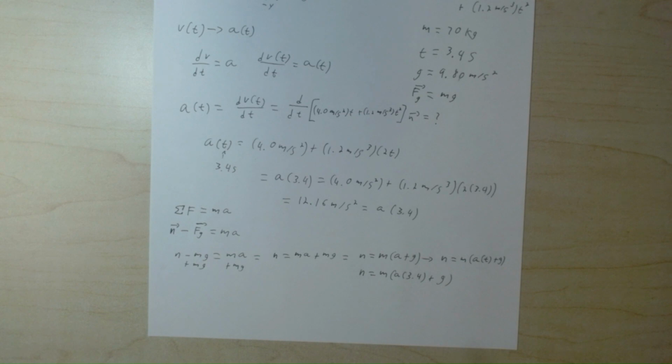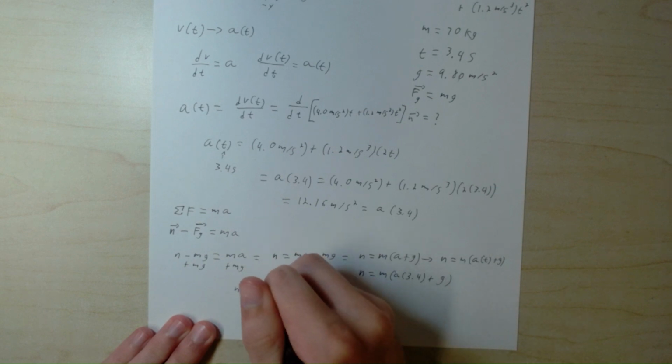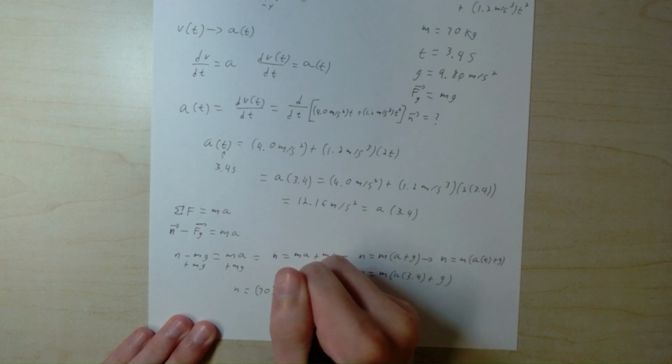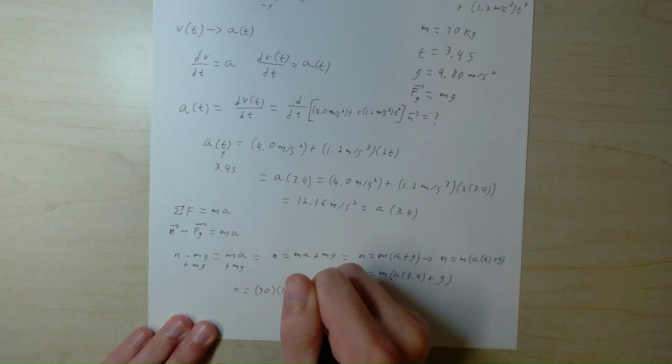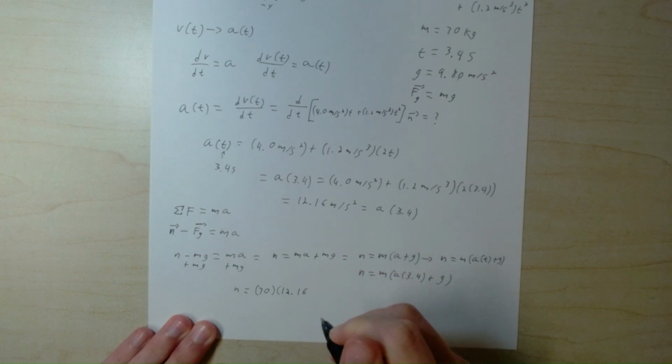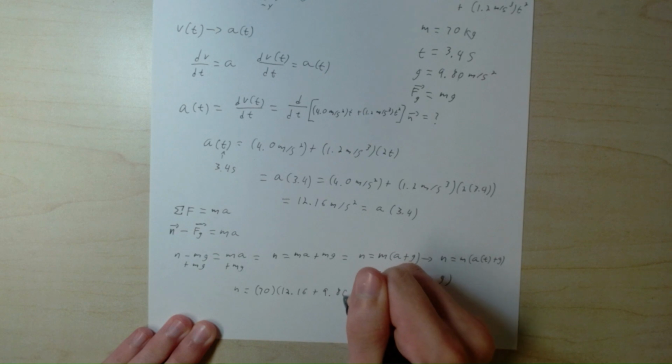So this is good. This looks like the correct expression. So let's plug in some numbers here. We have n equals 70 kilograms as given to us in the problem, times a at 3.4, which is 12.16 meters per second squared, plus 9.80 meters per second squared.